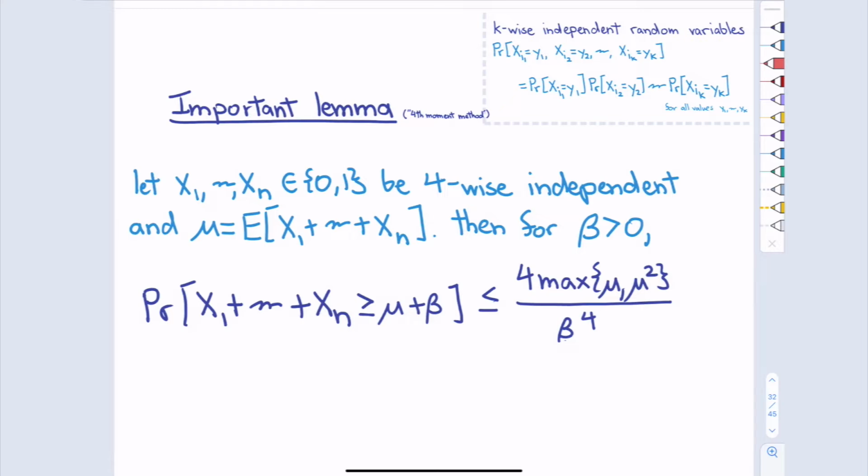So not completely independent, but there's some independence. Groups of 4 of them at a time are well behaved. And I'm letting mu be the expected sum, the expected number of heads. Then the claim is that the probability that the sum exceeds the expectation by some factor beta, for any beta you want to plug in, is at most this eccentric 4 mu squared over beta to the 4th. Okay, that seems kind of weird. There's no reason to memorize this.